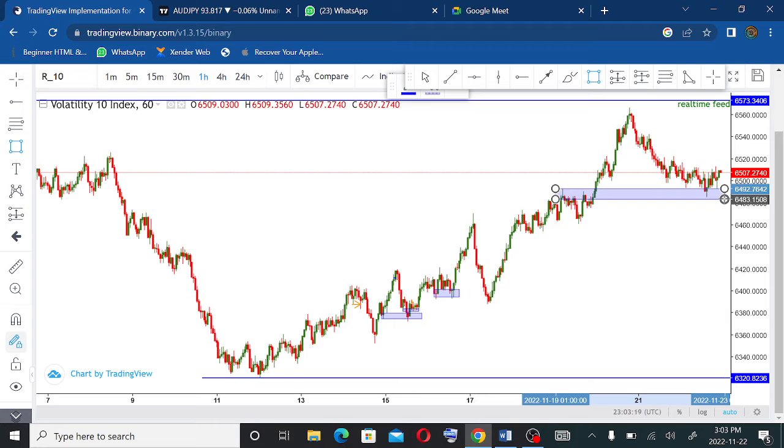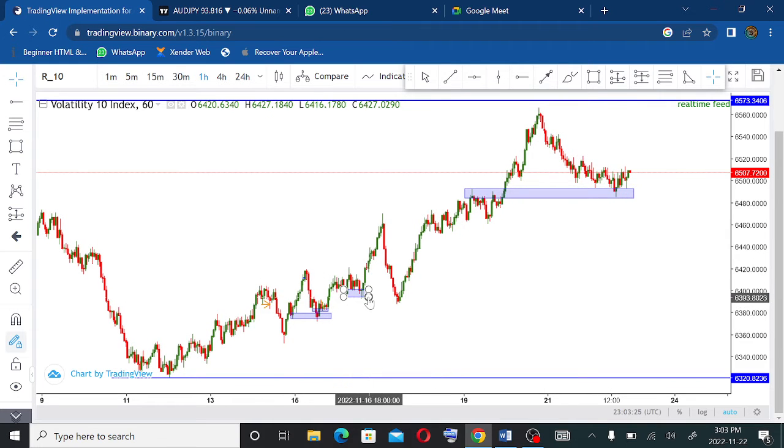So this is a clean mitigation for our trade. We'll leave all these markups; let the markups not disturb you. So now we've got the market break this, push to the upside, retrace, and then we want to see the market push up into this area, then possibly reject from this point to the downside.